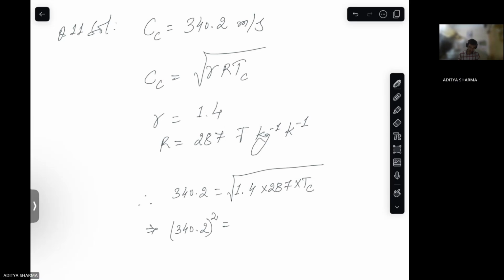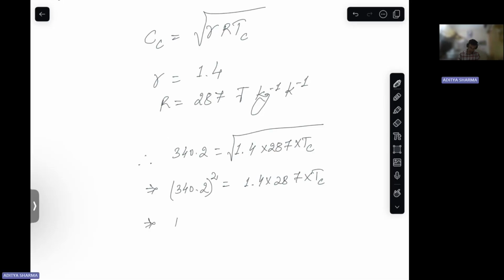Which implies, squaring, TC equals 340.2 square divided by 1.4 into 287. So if you solve this, please calculate this.